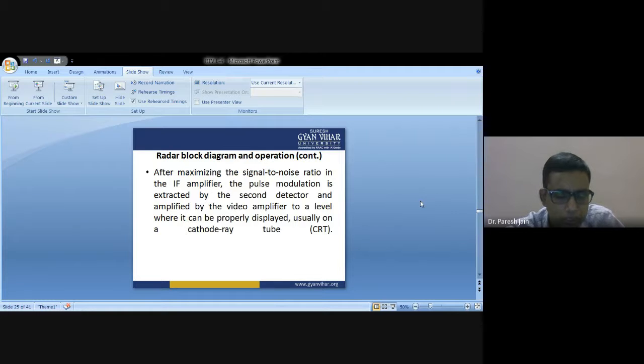So in the receiver section, we need to maintain high signal to noise ratio to get the echo signal or detect by receiver.